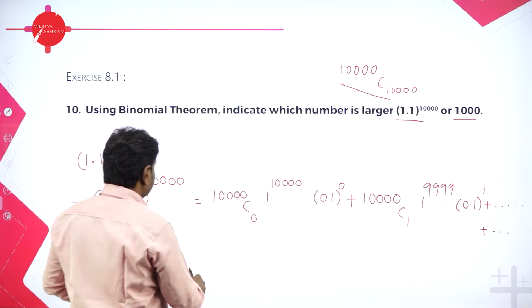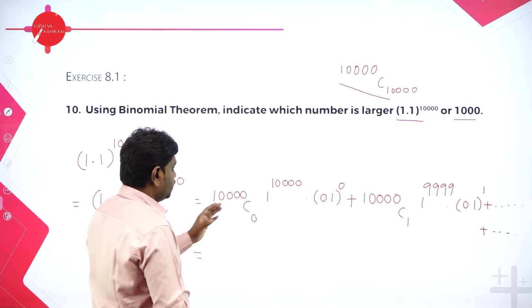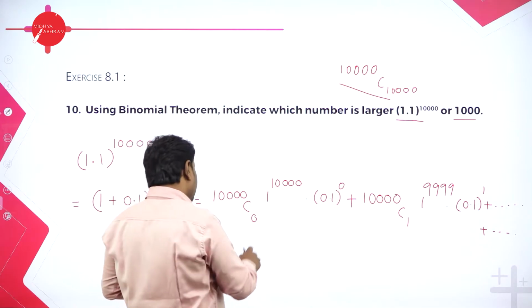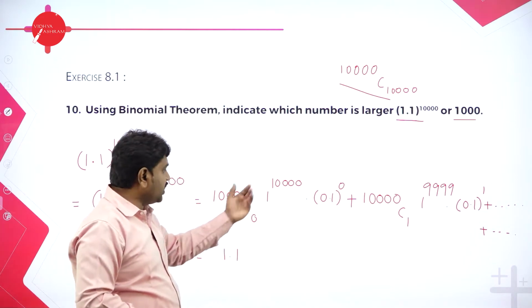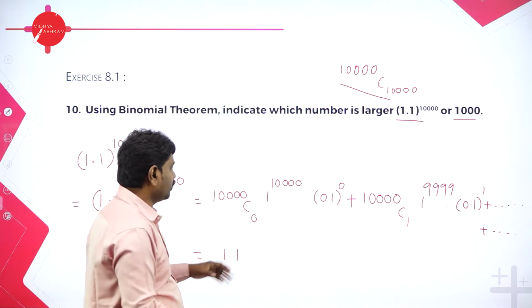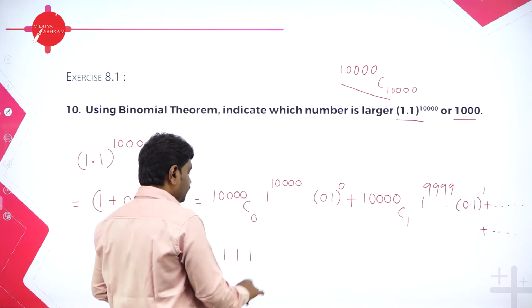Now coming to this, NC0 is 1. All of you know, 1 power anything is 1. 1 power any number is 1. 1 power 500 is also 1. 1 power 1 lakh is also 1. 1 power 10,000 is also 1. Anything power 0 is also 1.